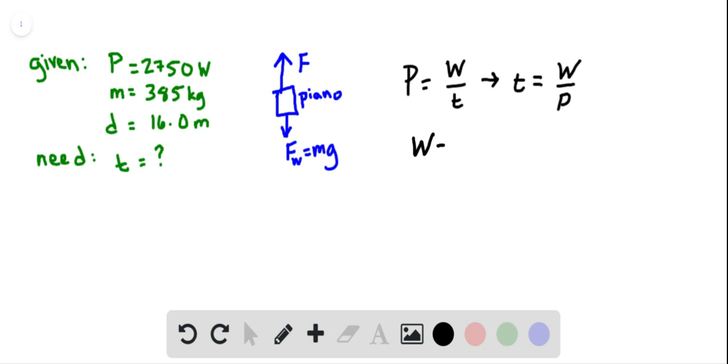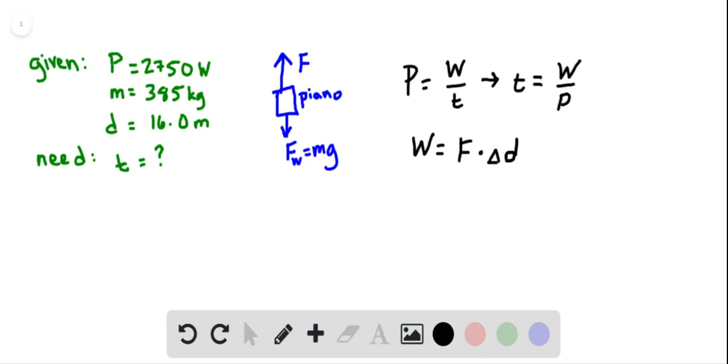Work is stated as the force on an object times the distance the object moves. So how much work is done by this force on the object over the given distance. And here we know that at the very least this force F has to be equal to the force of weight.